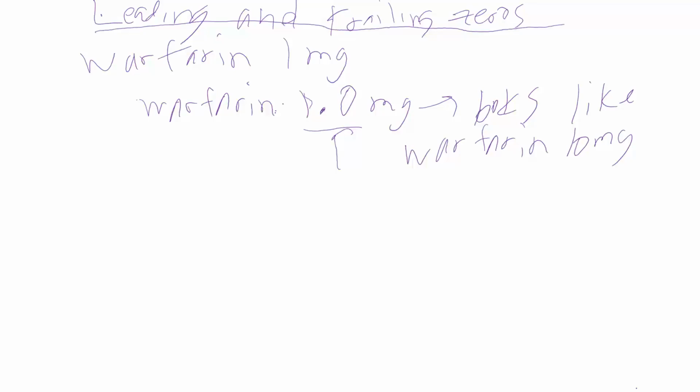Then this could be confused with, it looks like warfarin 10 milligrams, right? So it's not good to use a trailing zero. That's a trailing zero because it comes after the one that we want. It's one decimal and then it's the trailing zero. So we don't want trailing zeros.